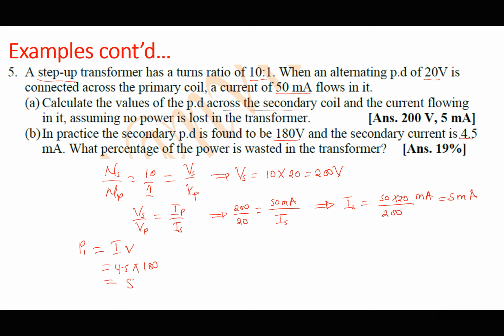So this power is 810 watts. This is not power 1, this is going to be power from the secondary.